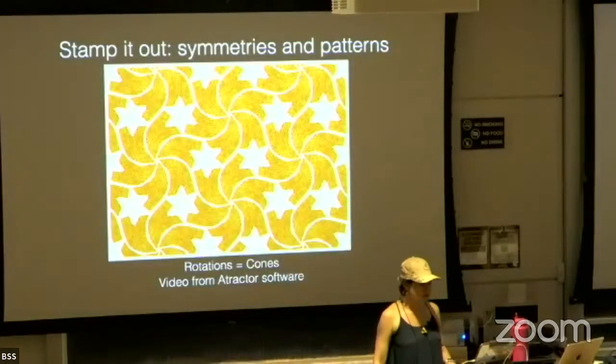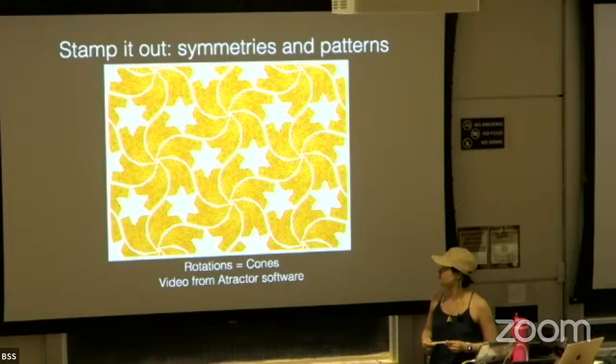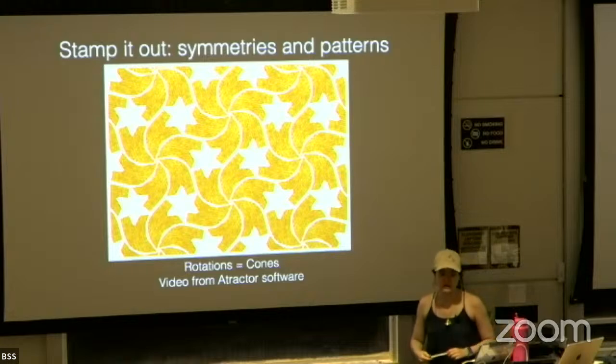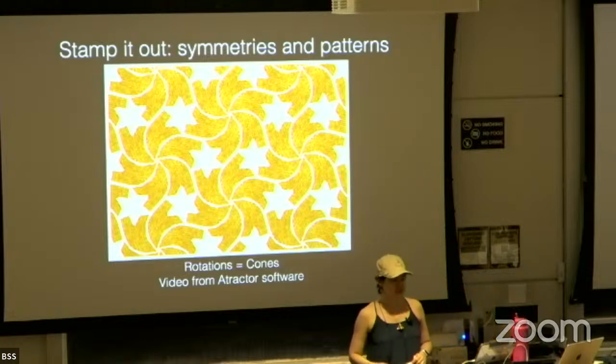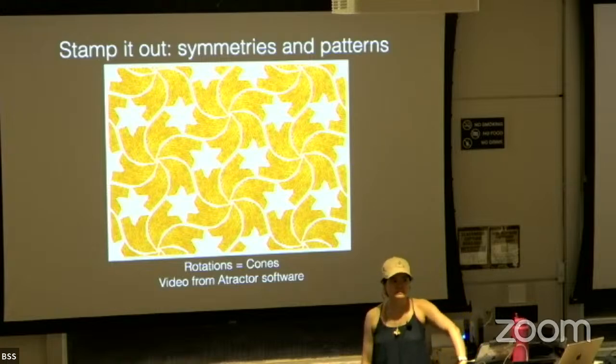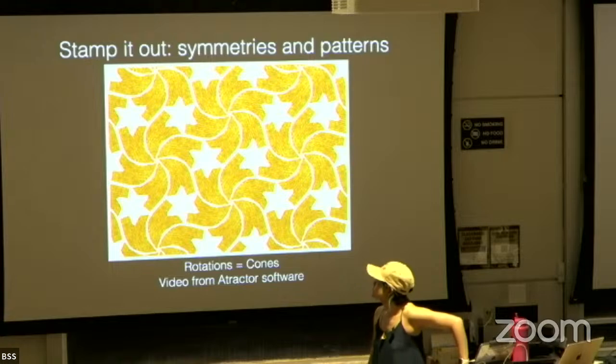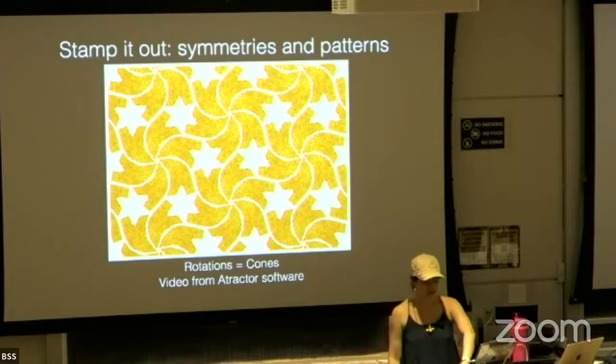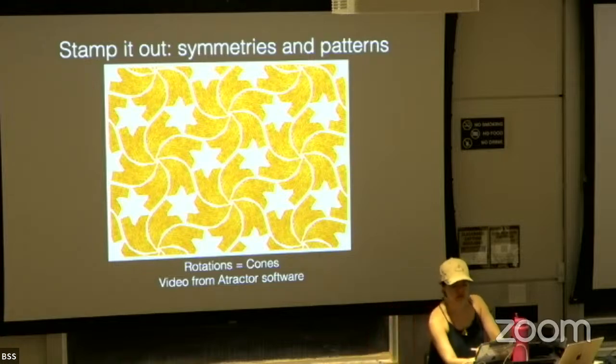So here's a pattern. These also have a bunch of rotations to them. So what rotations do you see? Rotation along the points where all the lines meet, like here.